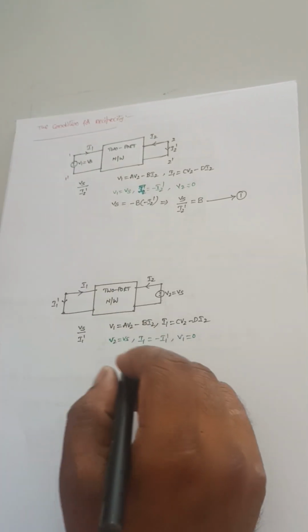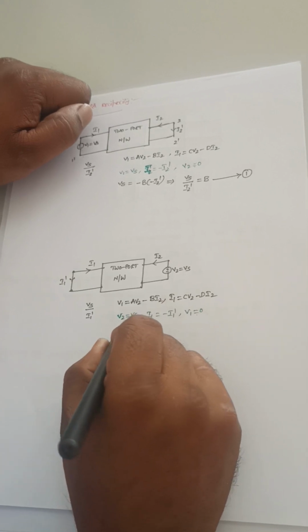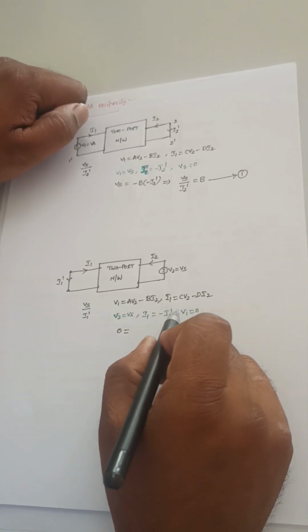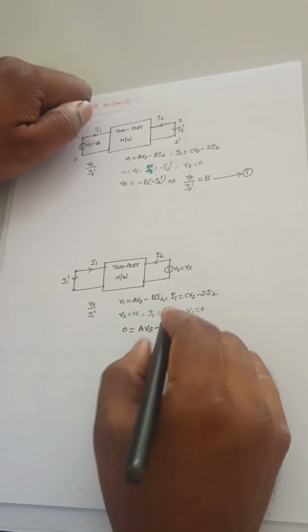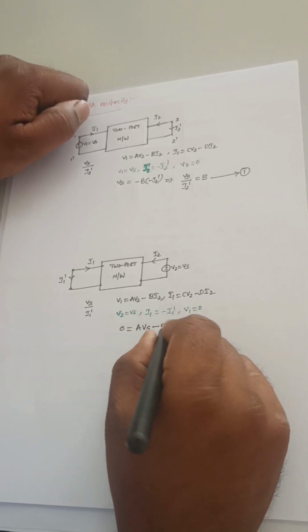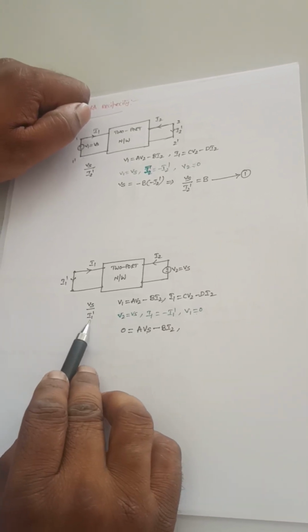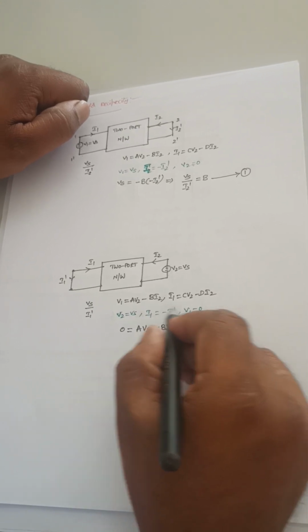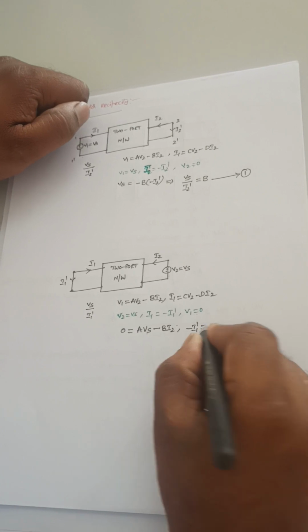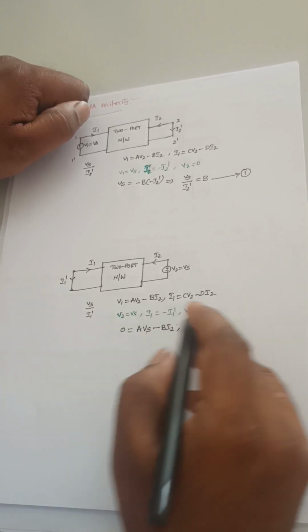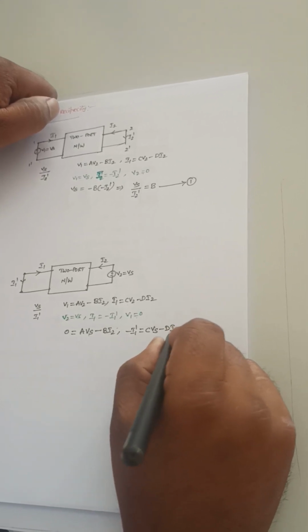Now if I substitute these values in the above expressions, V1 is 0, so 0 is equal to A into Vs minus B into I2. From this, is there any chance of finding Vs by I1 dash? No. So let us substitute these conditions in the other expression. I1 is equal to minus I1 dash, that is equal to C into V2, where the V2 value is Vs, minus D into I2.